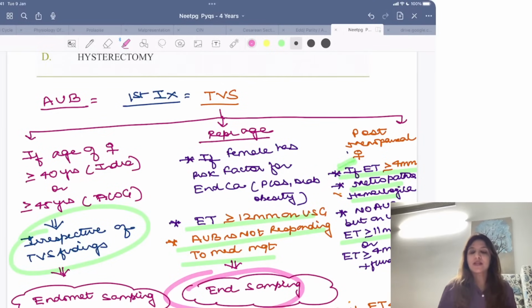Now the question says that you gave her tranexamic acid, but the bleeding did not stop. What is the next step? Please do not say the next step is endometrial sampling. I am suspecting endometrial cancer in her, right? क्योंकि less than 4 millimeters है and tranexamic acid देने के बाद भी the bleeding hasn't stopped.